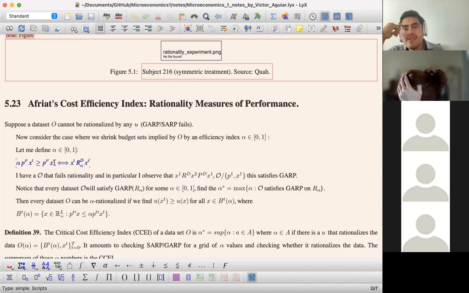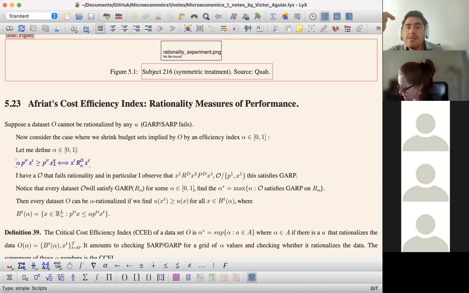And the interpretation of this is that this is essentially the amount of money you are ready to waste in order to obtain the same welfare, right? For instance, imagine that you like xt better than xs, and you could have bought xt at half the price, but you're buying it at double the price, and you're still reaching the same utility.